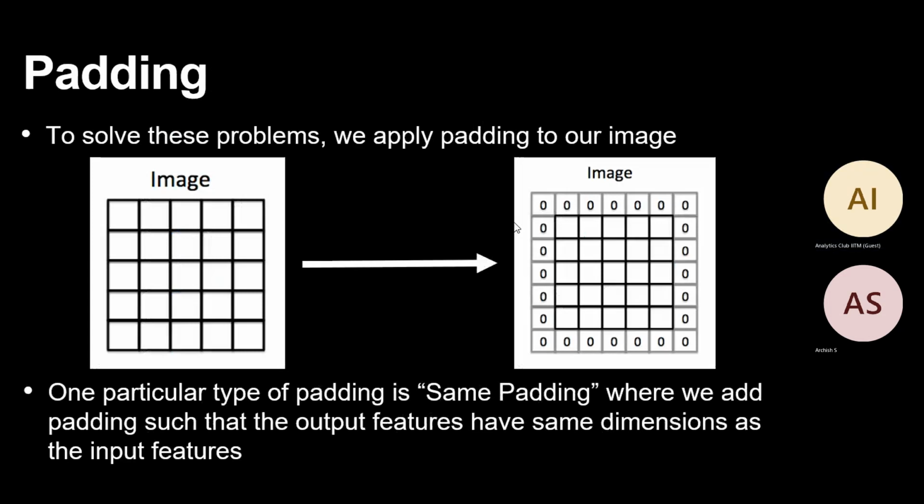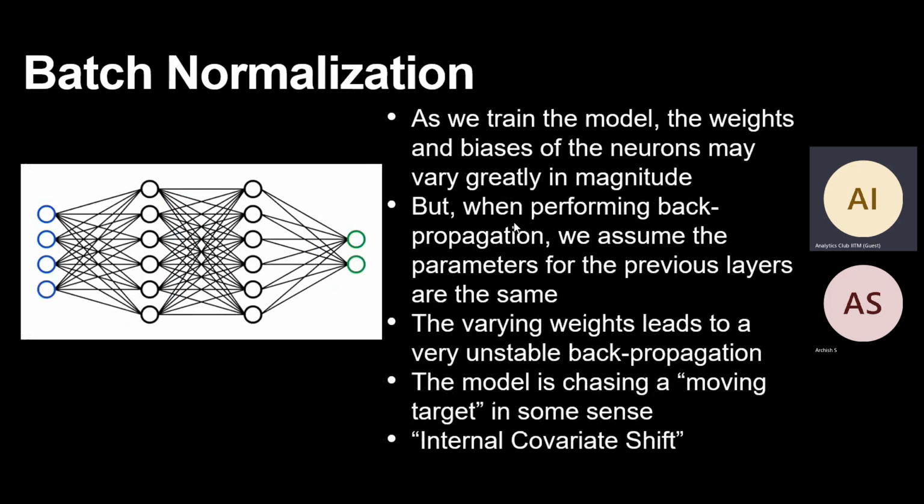All right. So next we'll be looking at a concept called batch normalization. Yesterday we were talking about backpropagation and gradient descent. When you do gradient descent for a particular parameter, you basically assume that all the parameters of the layers prior to that neuron that you're trying to update are constant. You basically find the derivative of the loss function with respect to that parameter alone.